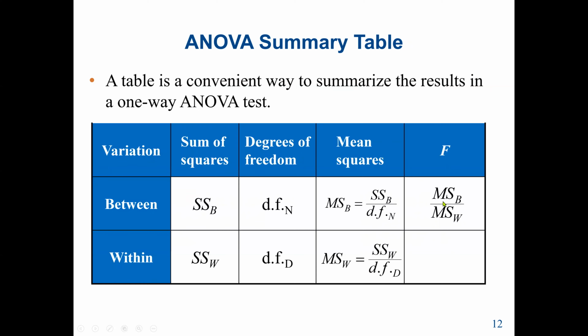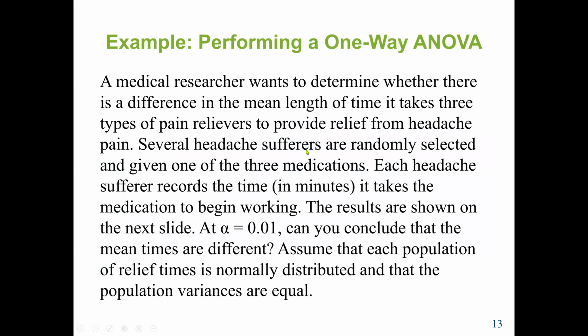Then we find the F test. Again, ANOVA has so many formulas, so using this table will help us a lot to know the formulas within. So degree of freedom, we know, is for between, and within is the denominator, etc. So let's see an example. Hopefully this will help us.